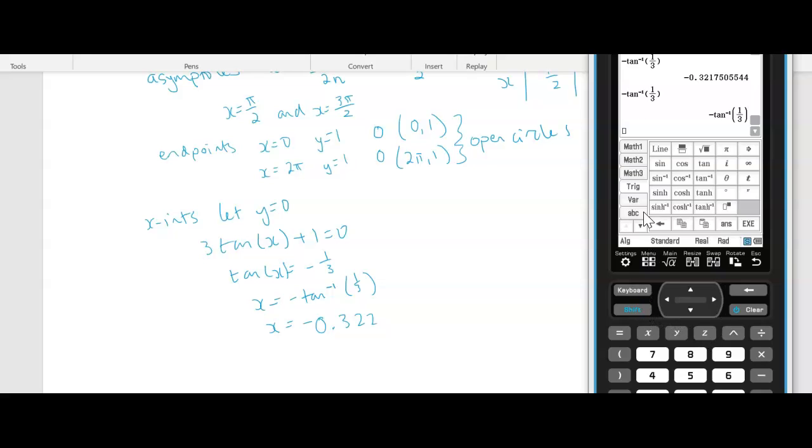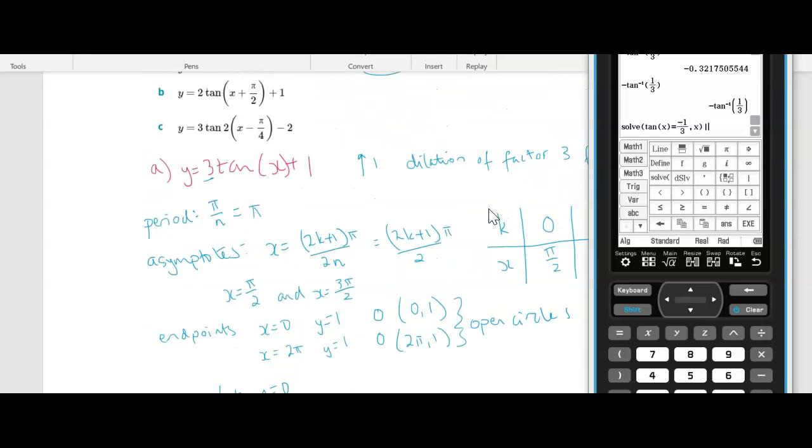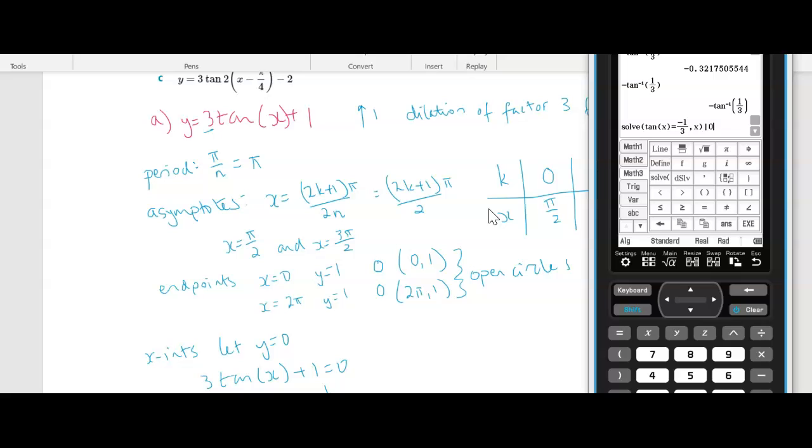All right, so if we want to get all the solutions, I'm just going to use solve, and we can just go tan x equals -1/3 and comma x, and we need to restrict the domain, otherwise we're going to get a general solution. So given that, x is between 0 and 2 pi.